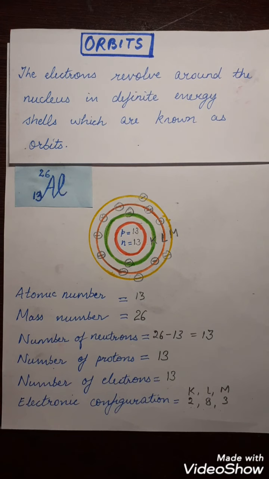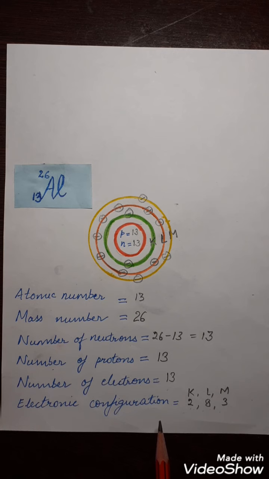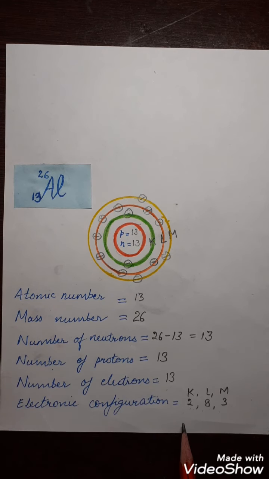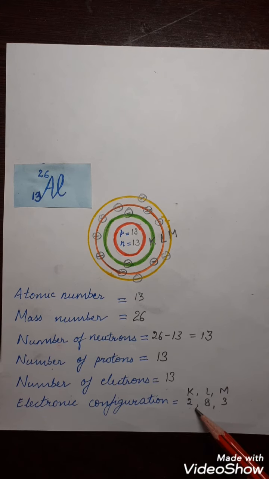Okay students? What is electronic configuration? What is it telling us? It is telling us the arrangement of the electrons in various orbits, or in various shells, how many electrons are arranged. So electronic configuration is the arrangement in which the electrons arrange themselves in various orbits, or the various electron shells.